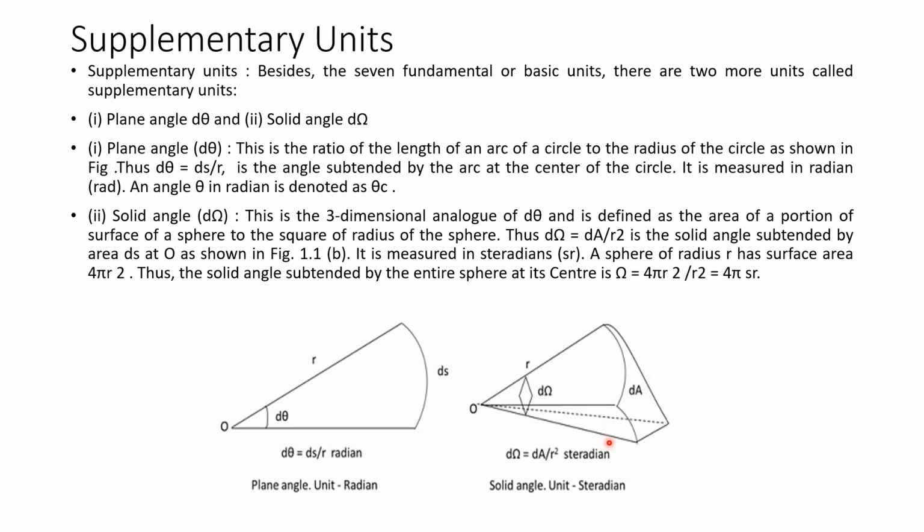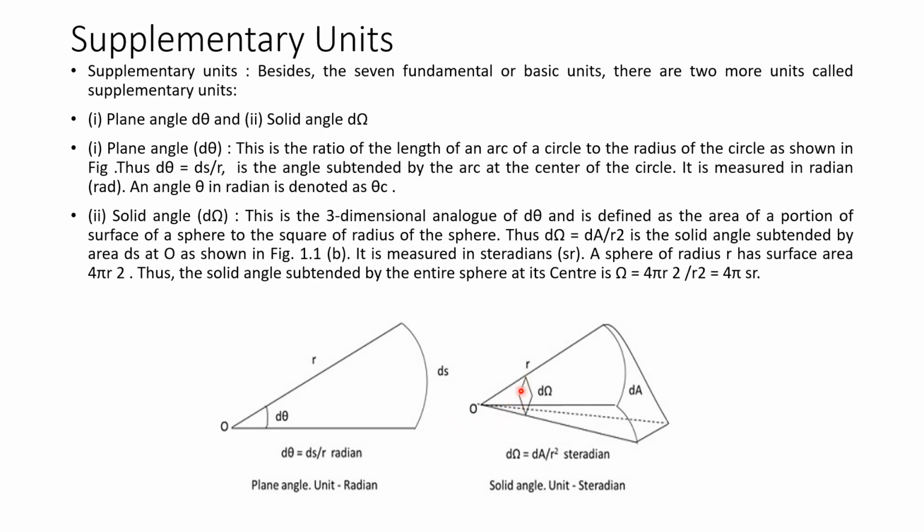Solid angle is nothing but the 3D analog of d theta. So if the circle subtends an angle d theta at the center O, what is solid angle? The area dA of a sphere subtends an angle d omega at the center.